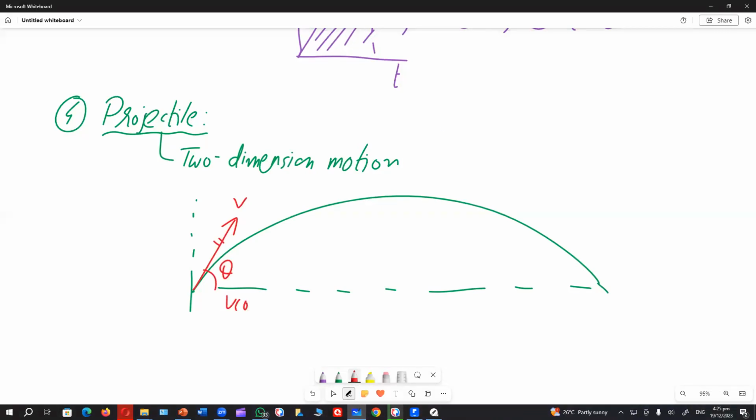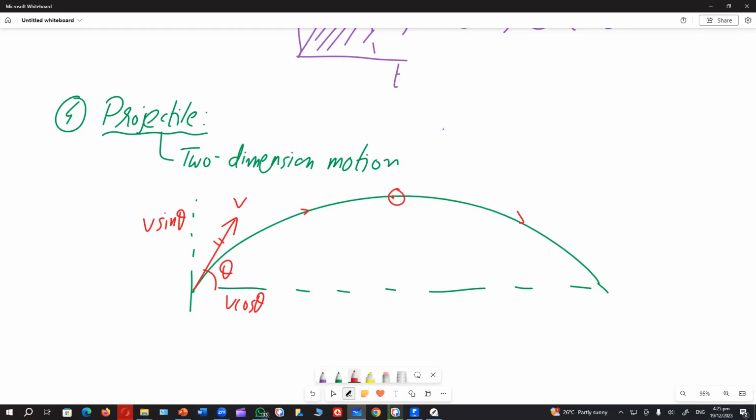So here it is v cos theta, and here it is v sine theta. This is the maximum point, and this is the trajectory of the projectile. In projectile motion, we assume that air resistance is neglected.